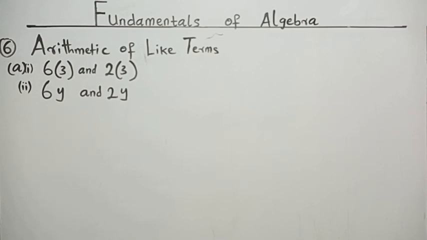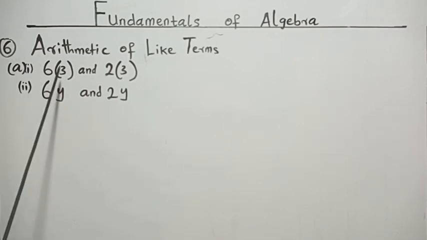Let me remind you. 6 is counting how many threes, and 2 is also counting how many threes. Because the two count the same thing, they are called like terms.